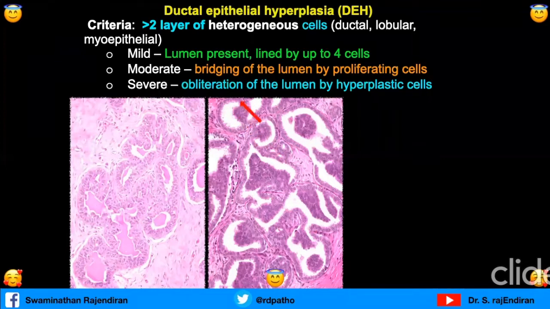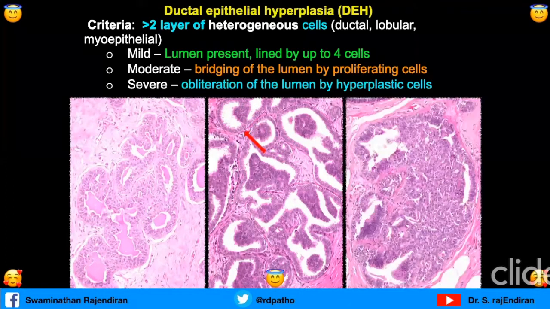Here you can see the bridges, nice bridges. So this is moderate. And here peripherally lumen is present, but in the central portion there is no lumen. So this is florid. I know there is some peripheral lumen, but in the center there is no prominent lumen. Here you see the lumen. So this is mild, moderate, and severe ductal epithelial hyperplasia.